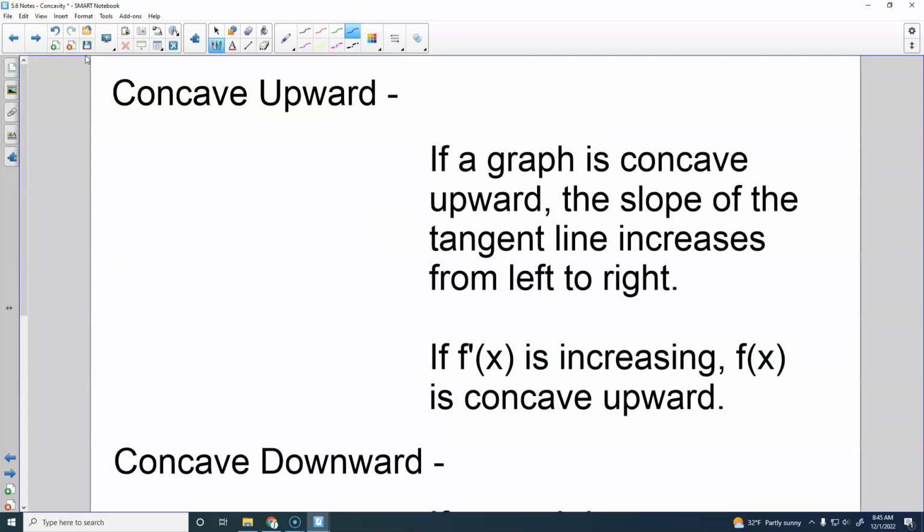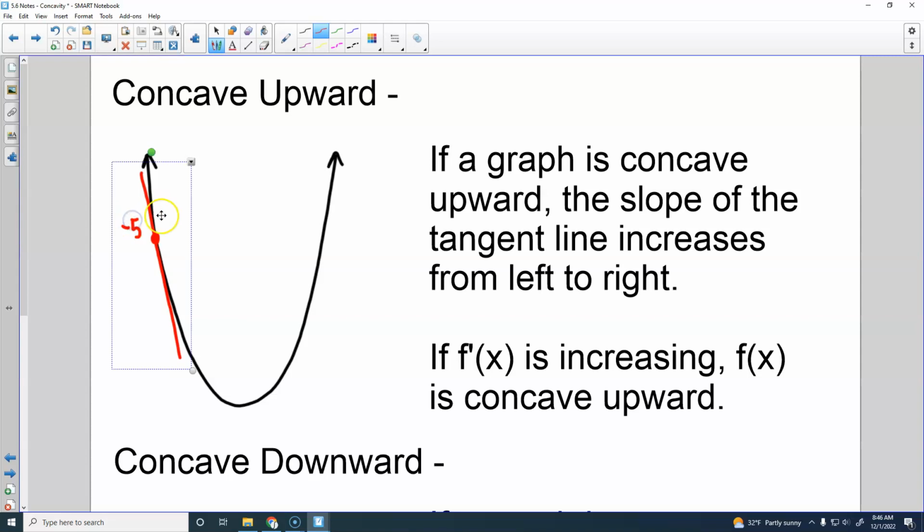So if a graph is concave upward, the slope of the tangent line increases from left to right. Just to think about an example, if we draw a picture here, our most simple concave upward graph would just be a parabola, right? That parabola is concave up everywhere. If you think of drawing in some tangent lines, right here you've got a really steep negative tangent line. Let's call that -5, right?